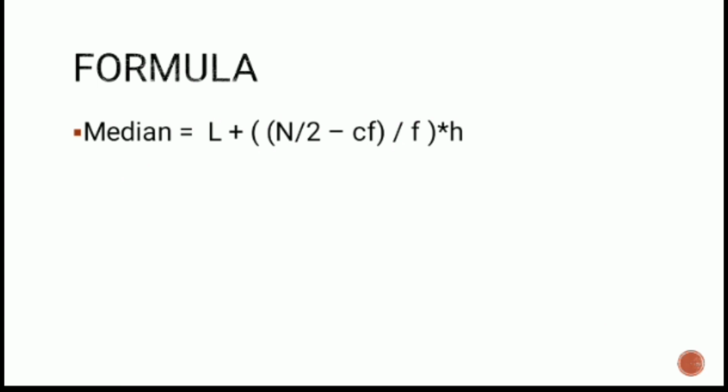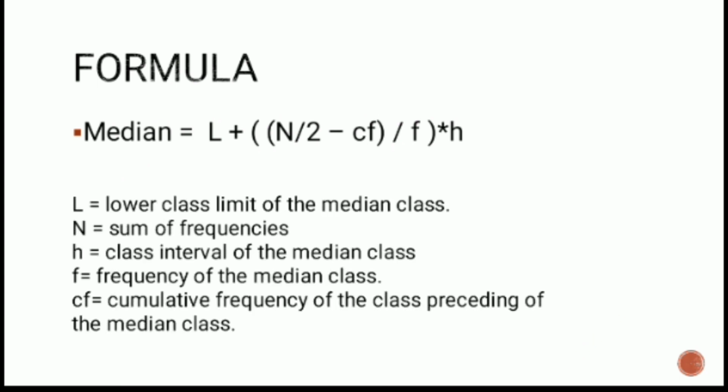I will tell you what the notations are. L is the lower class limit of the median class. N is the sum of frequencies. Small h is the class interval of the median class. F is the frequency of the median class. And Cf denotes the cumulative frequency of the class preceding the median class.